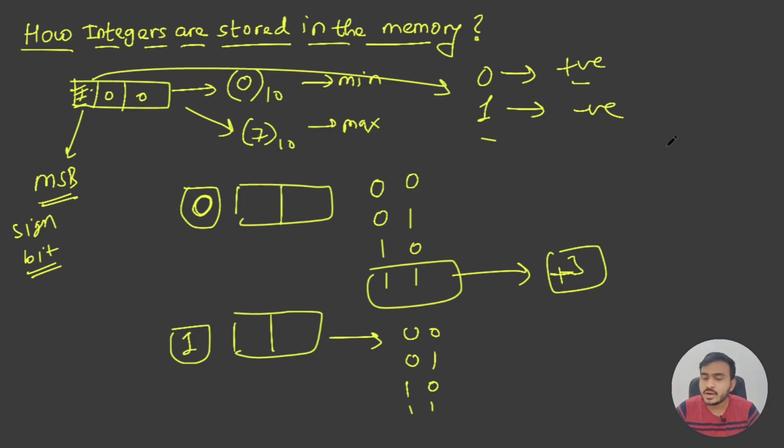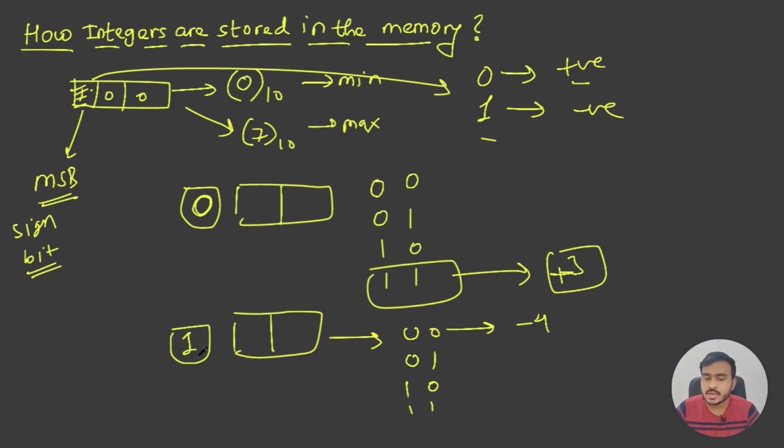So if we convert 100 to decimal, take the 1's complement of it, it is going to be 011, add 1 to it, it's going to be 100. 100 is nothing but 4, so this number is nothing but minus 4. Let's also try to convert 101 into decimal. Let me just clear out the board.